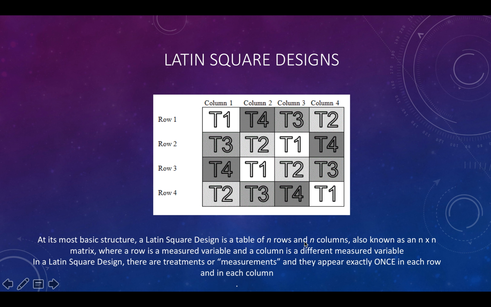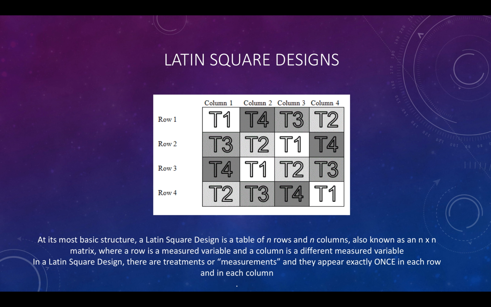Now, a Latin square design is basically a table of n rows and n columns. The rows represent a measured variable, and the columns are different variables, and these can be called nuisance variables or nuisance factors. The treatments or measurements are going to appear exactly once in each row and once in each column, and this is where the Sudoku concept comes in.